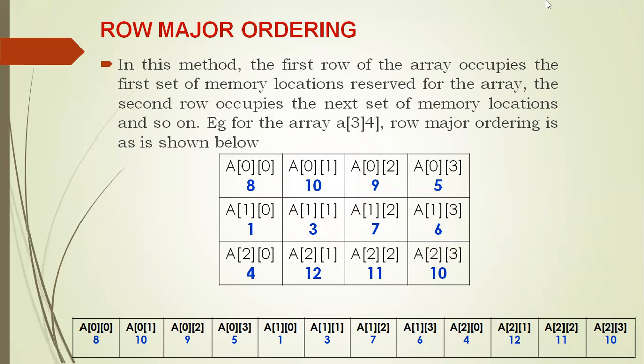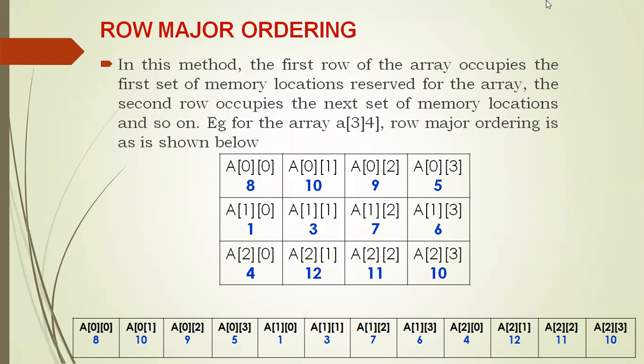Locations 1, 2, 3, 4 are for the first row. Locations 5, 6, 7, 8 are used by the elements of the second row. Then the next 4 locations, that is locations 9, 10, 11, 12, are reserved for the elements of the third row.